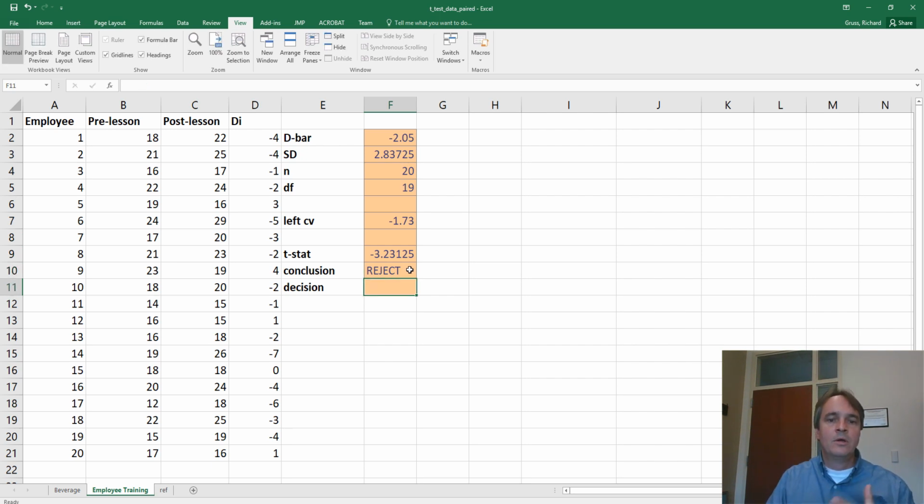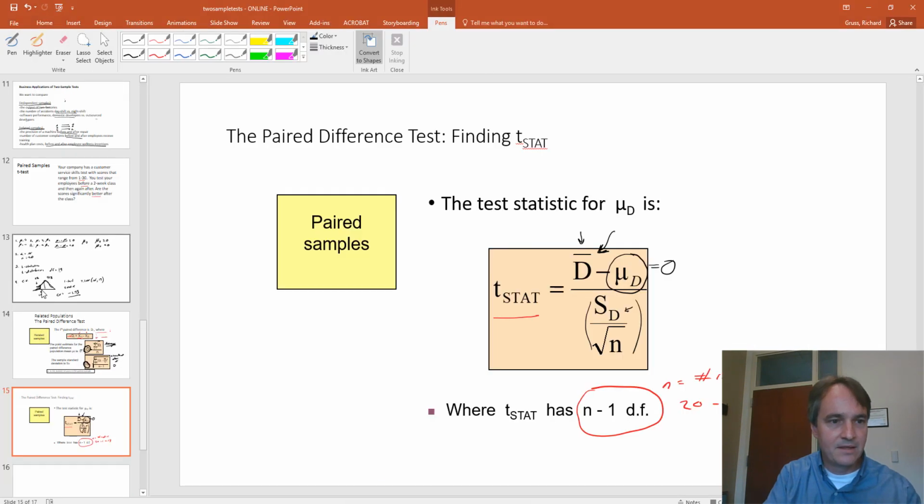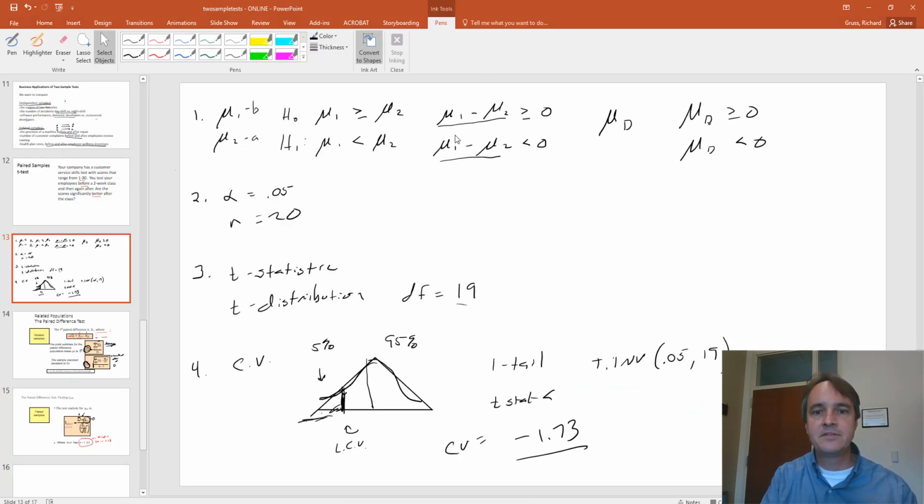So now we step back and go back into the management realm and ask, what does this mean? We reject the hypothesis that the difference between the two is, let's go back, make sure we get this right. Our null hypothesis was that the scores on the pre-test were greater than or equal to the scores on the second test. So this is what we're rejecting.